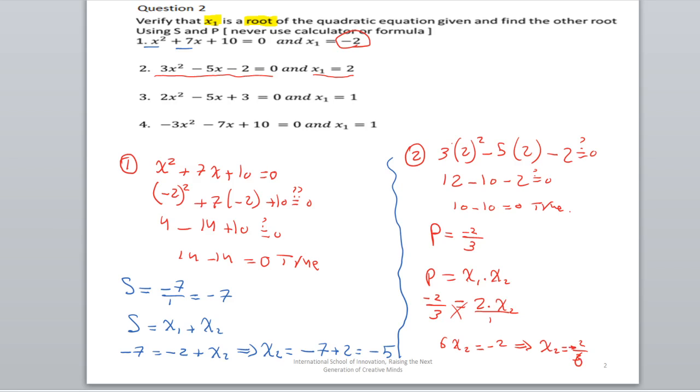Okay, negative 2 over 6 is negative 1 over 3.